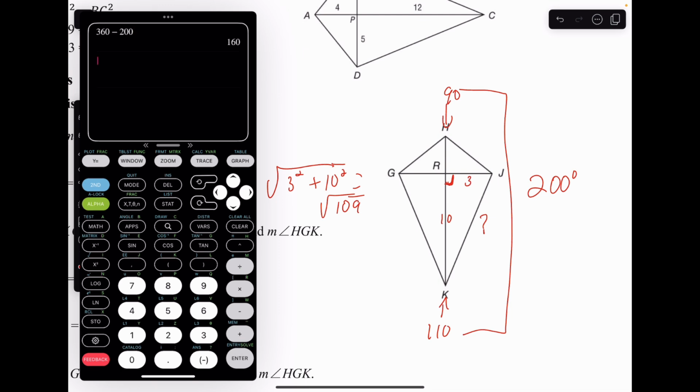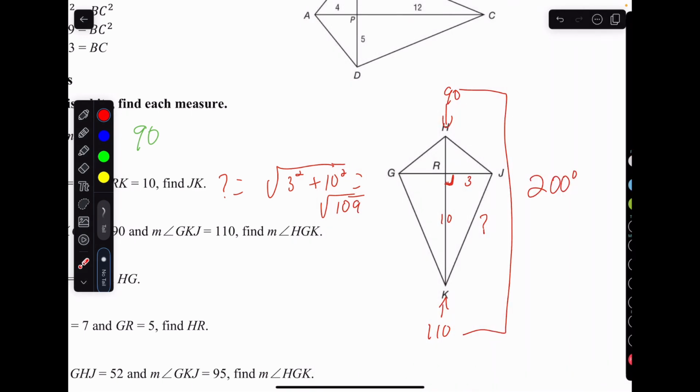That gives me 160 degrees unaccounted for. Now I know that these two are exactly the same. These two are congruent. So I'm going to take that 160 degrees and split it evenly between those two. And it's going to give me 80 degrees for G and J.